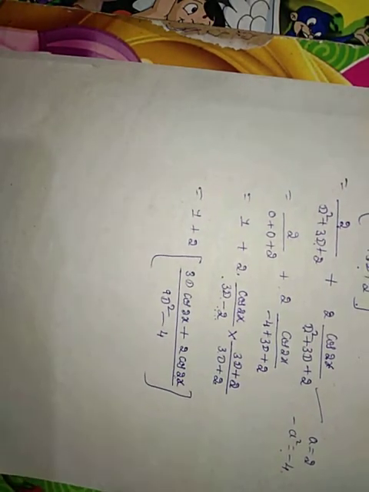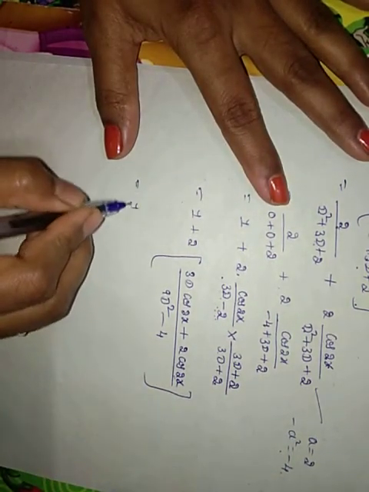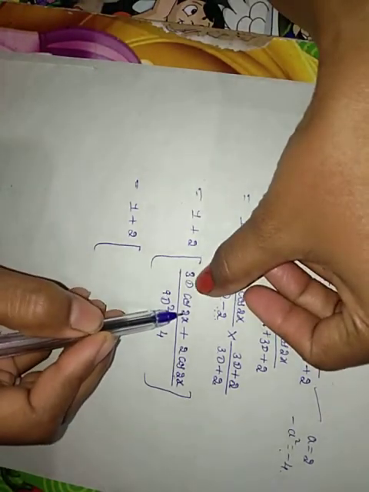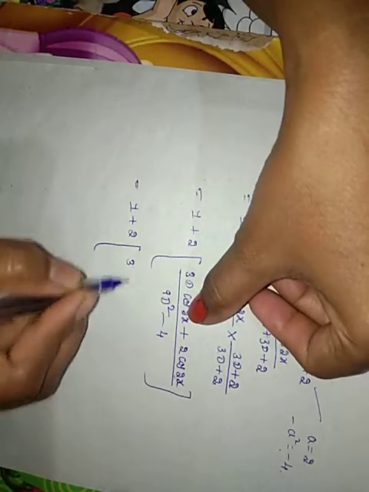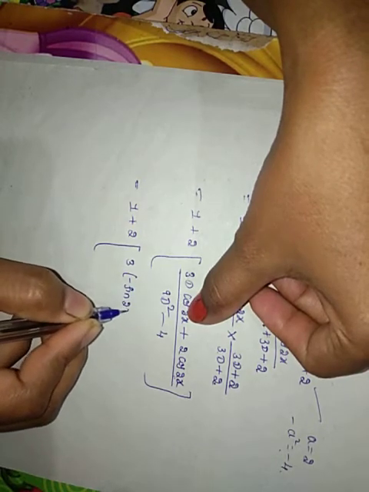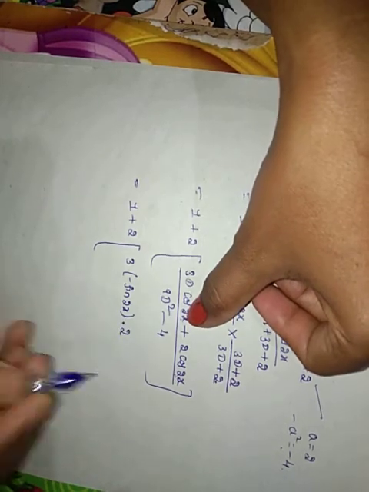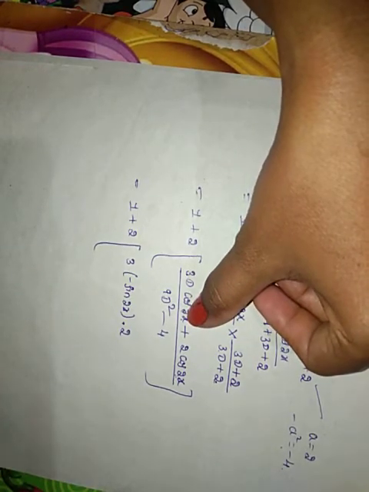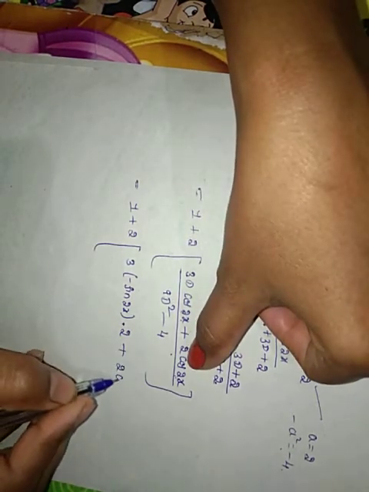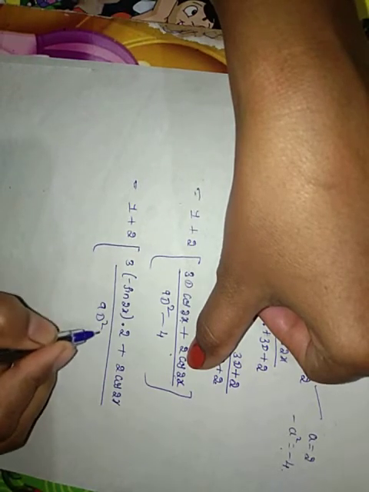Directly we have to replace D square here. 3 into the derivative of cos 2x: the derivative of cos is minus sin into the derivative of 2x, which is 2, plus 2 into cos 2x divided by 9D square minus 4.